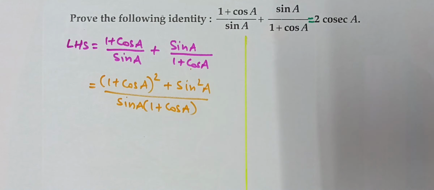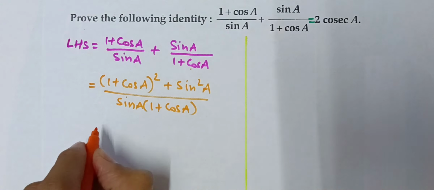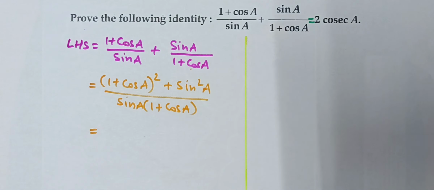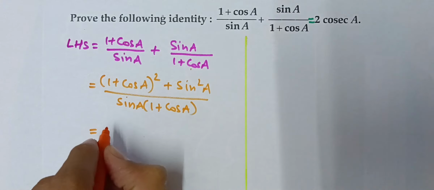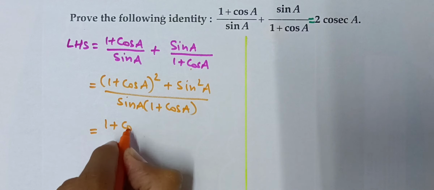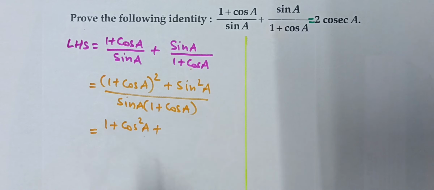After step number 1, in the numerator you can observe sin square is there, but cos square is not available. So I apply an algebraic identity, (A + B) whole square, in the first bracket: A square + B square + 2AB. A square means 1 square is 1, plus B square, so cos square A, plus 2AB.